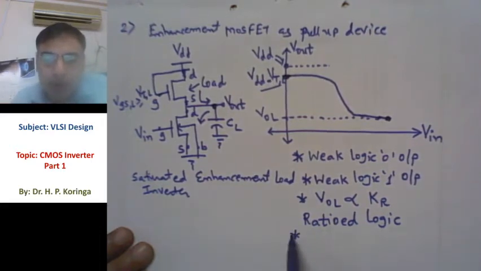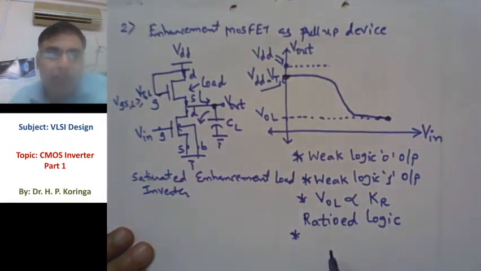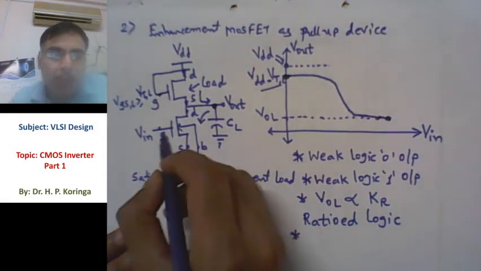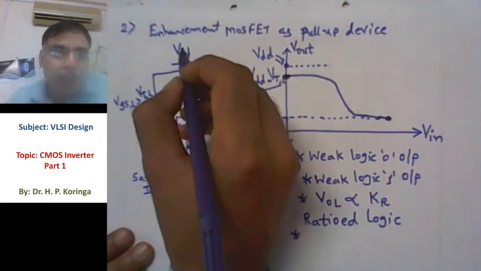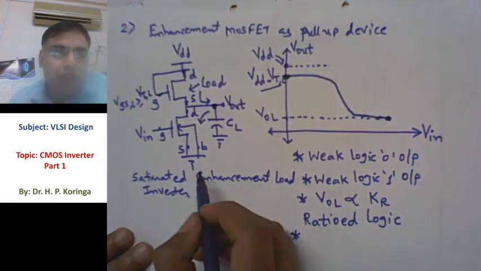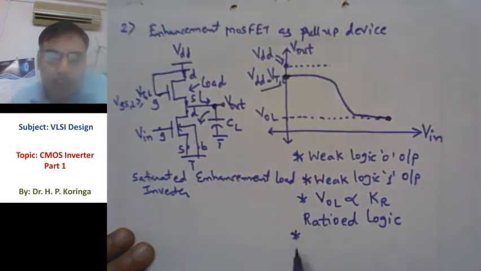Fourth thing about this saturated enhancement load inverter: your load always operates in a conducting state. So whenever the input is logic 1, the driver also operates in a conducting state, so we get a low resistive path to the ground. So it continuously dissipates power.